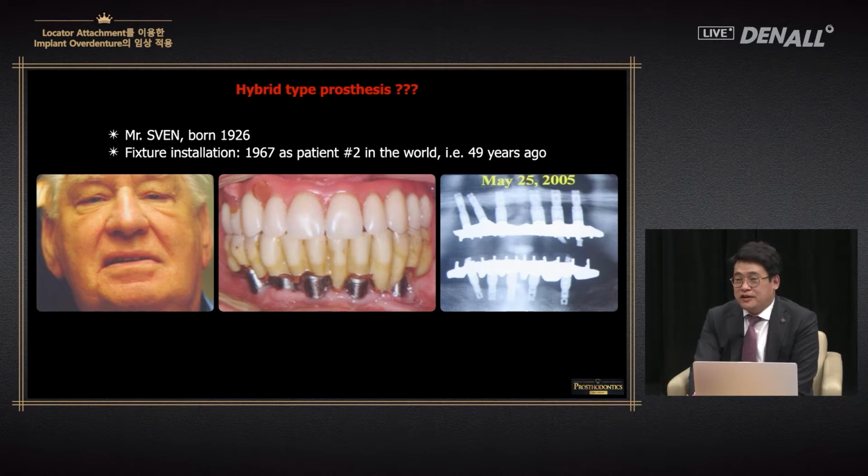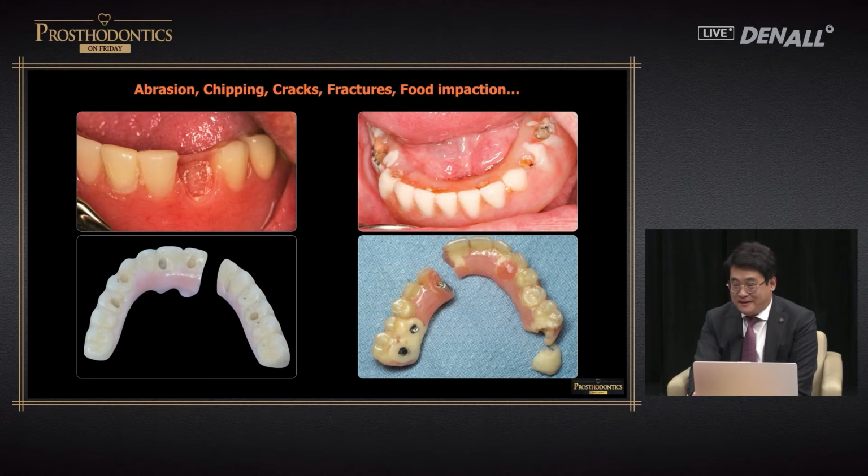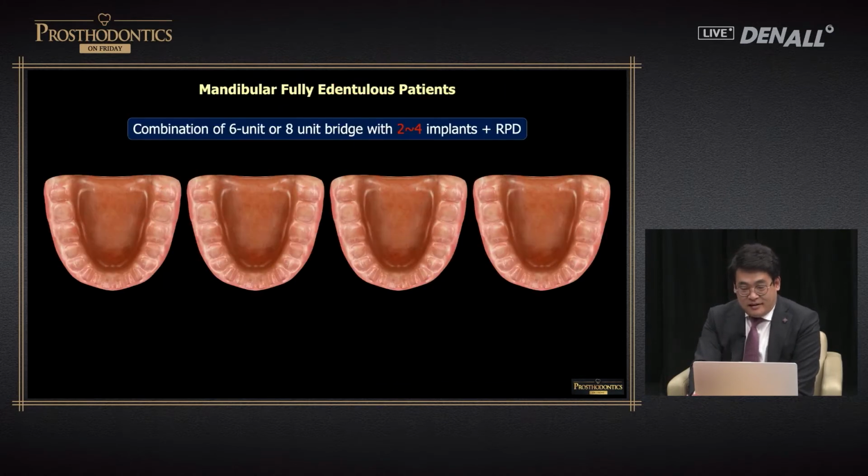It's very difficult. I believe it is better to do overdenture or provide fixed prosthesis. I'm sure you've experienced a lot of these. Yes, fractures and dislocations. This is a problem.